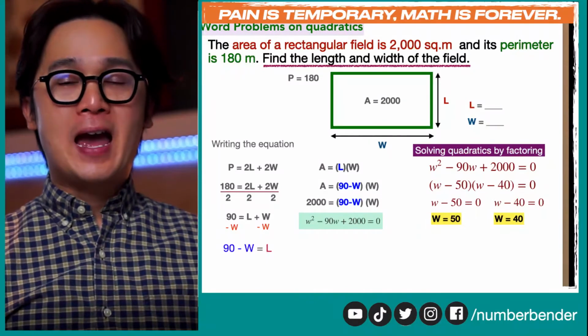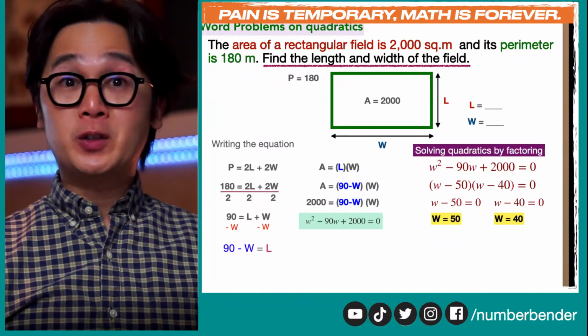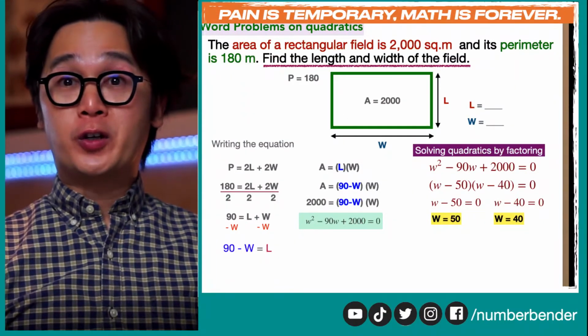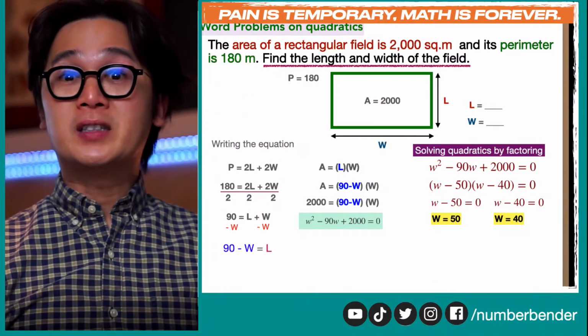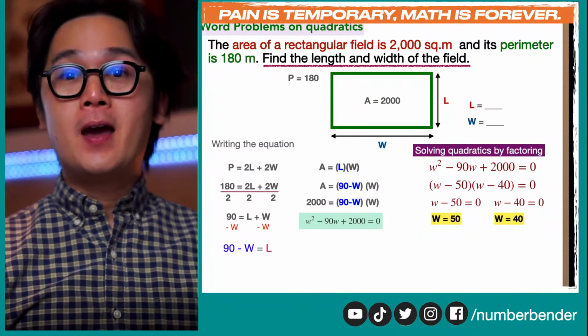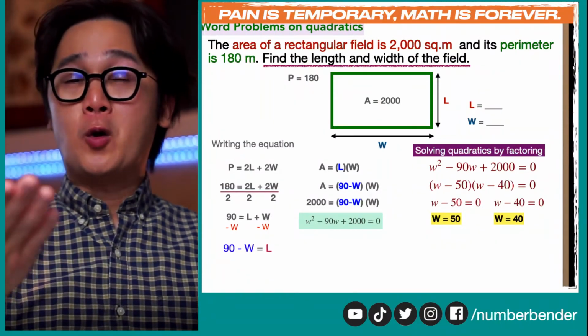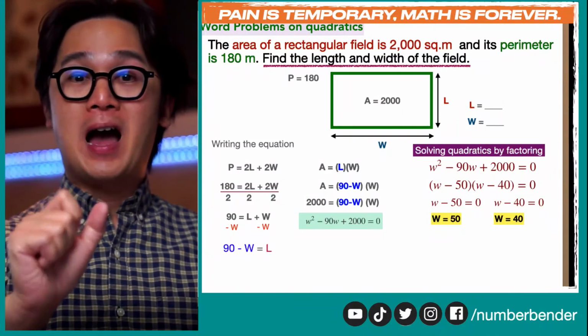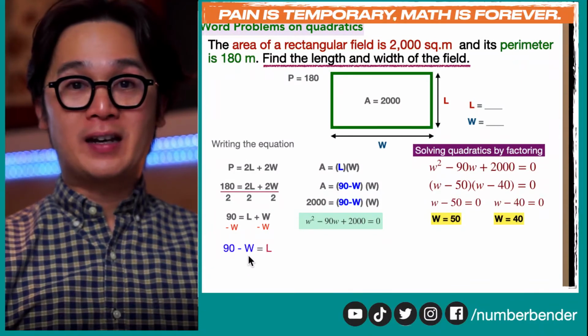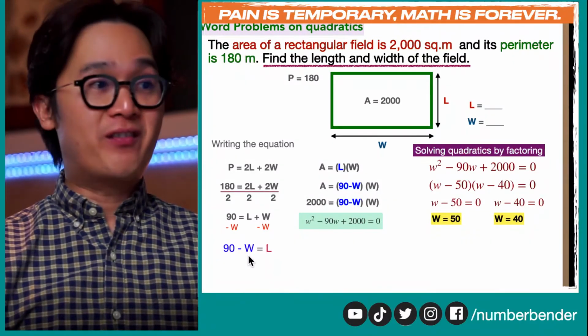Now, we know that multiplication is commutative, so it doesn't matter what value you're going to use for your width, it will still give the calculated length from our formula. So you can use this formula to find the value of L.